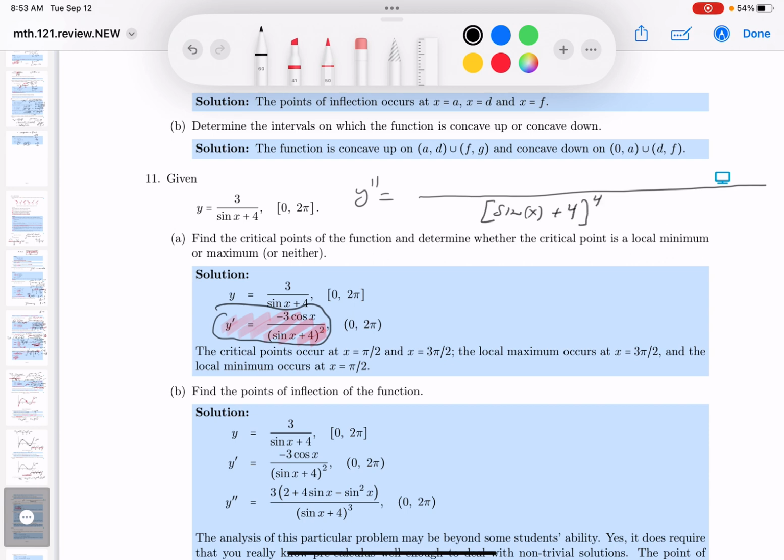That means fourth power. Bring the bottom to the top and leave them alone, times the derivative of the top. And what's that going to give me? That's going to give me 3 sine x. Minus the top. Well, minus and minus is plus.